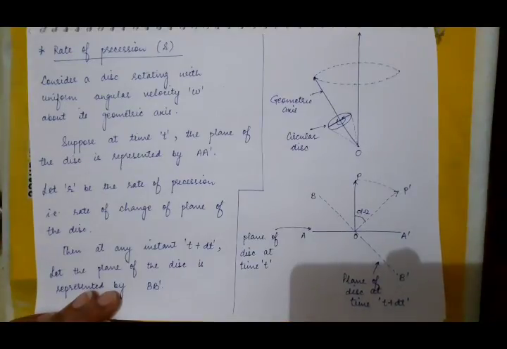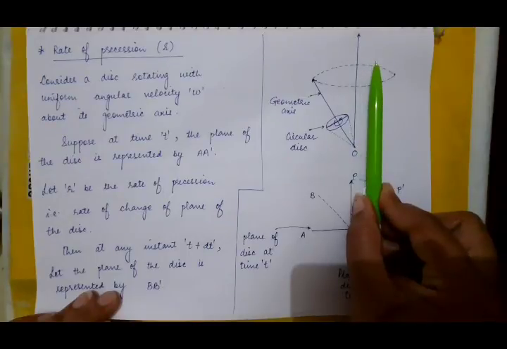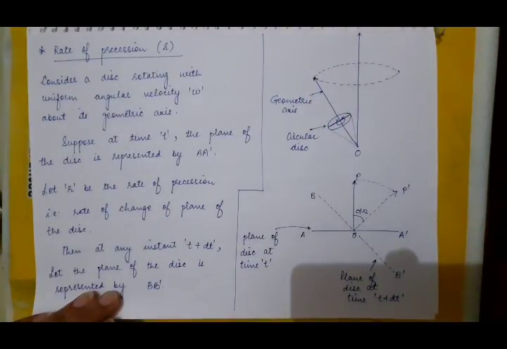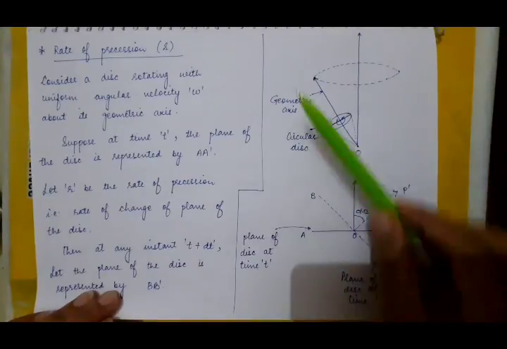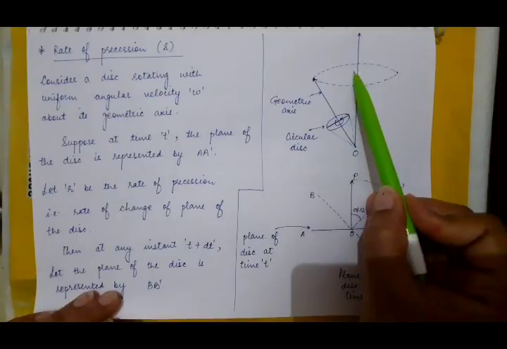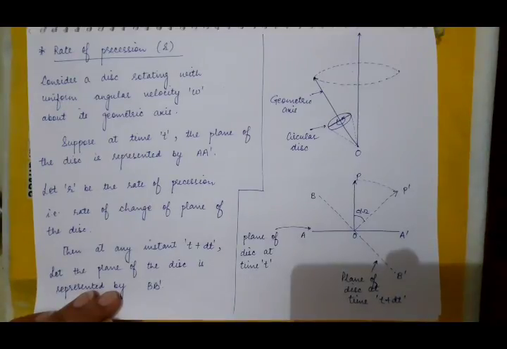Angular momentum vector is in the direction of geometric axis. So as the geometric axis changes, the direction of angular momentum will change, and its angle with the initial direction will also change. So when it covers a circle, the angle covered will be 2 pi. So d omega will be 2 pi after one complete rotation.